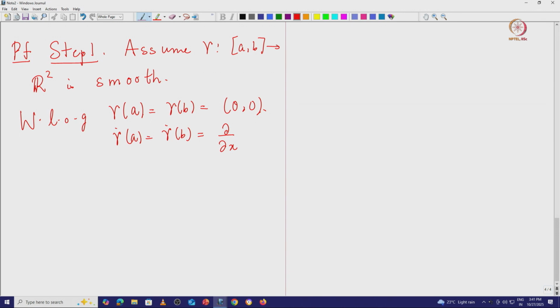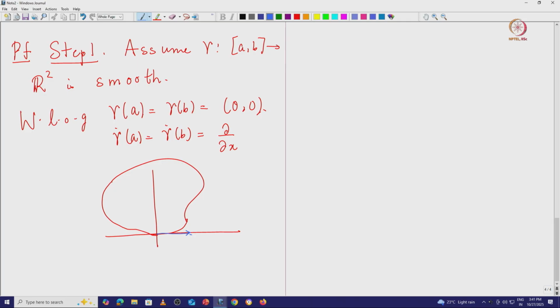So let me draw a little picture here. So something like this, right. So at this point the velocity vector points in the x direction.